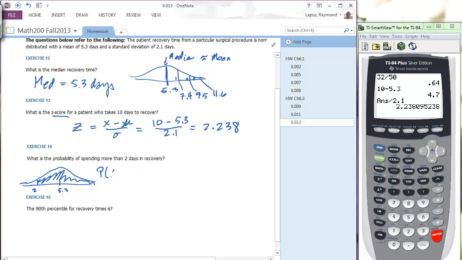This is our notation, probability that x is bigger than 2, and our calculator command will be a normal CDF with a low of 2, a high of infinity, and then the mean, and then the standard deviation.